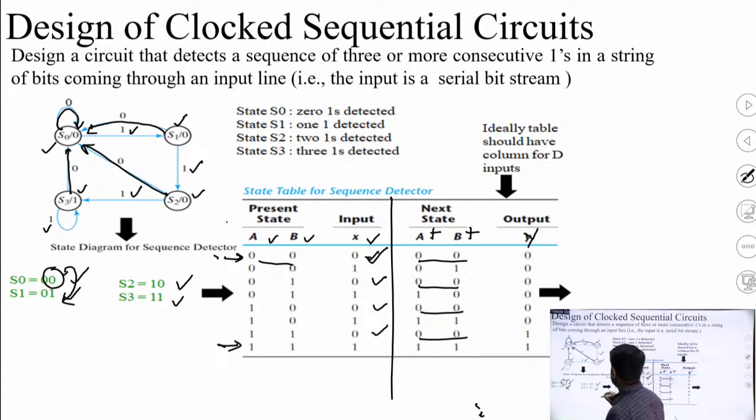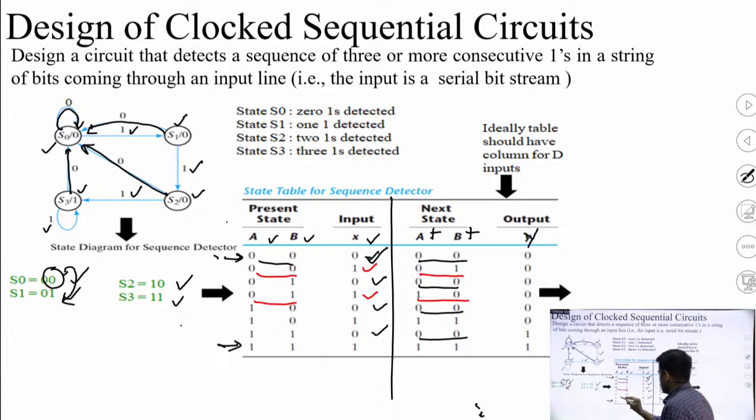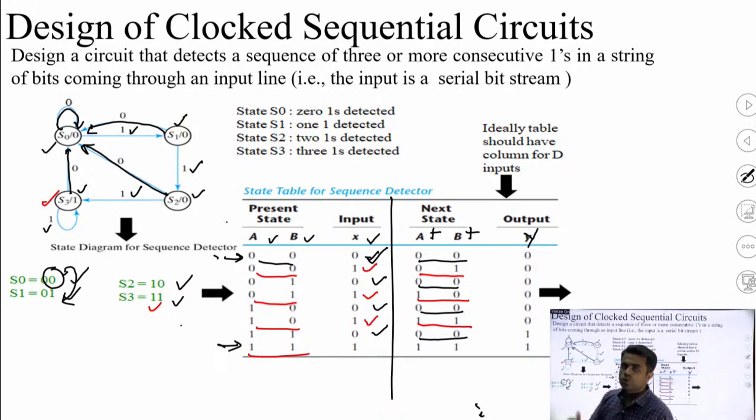Whenever I get 1, I proceed further: 00 next state becomes 01, 01 next state is 10, 10 next state is 11, that means S3, 3 ones have already appeared. After that, 4th, 5th, 6th one, I am going to stay in S3 only, so the next state of 11 will be 11 if I receive 1.